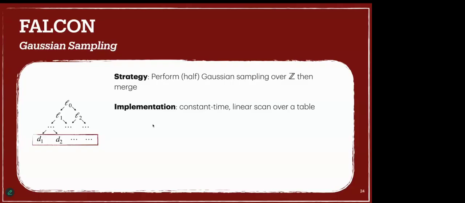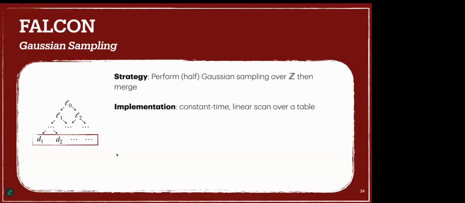The strategy to perform Gaussian sampling is going to be to start by sampling Gaussians over the integers, using as input, as standard deviation, the values at the bottom of the tree. So these eigenvalues here. Once these half Gaussians are sampled, so they are half Gaussians since we can always turn a half Gaussian into a full Gaussian by just sampling a bit and flipping the sign with probability 1/2.